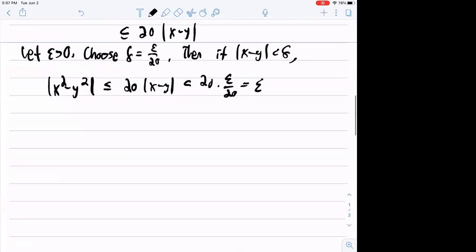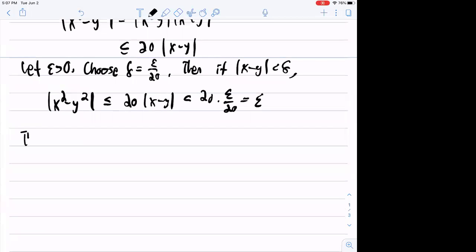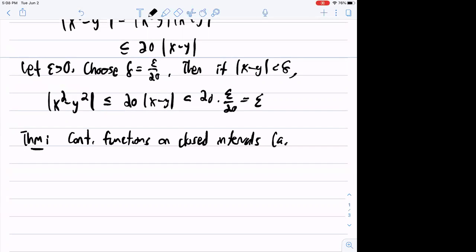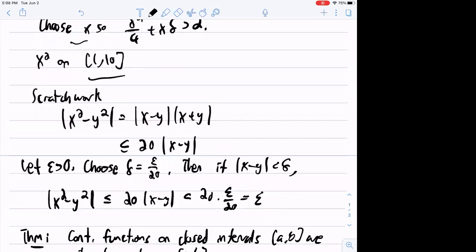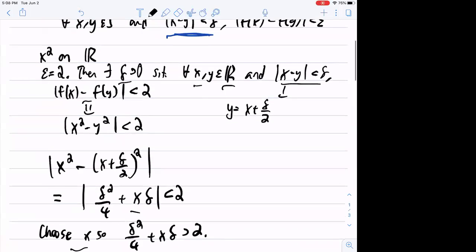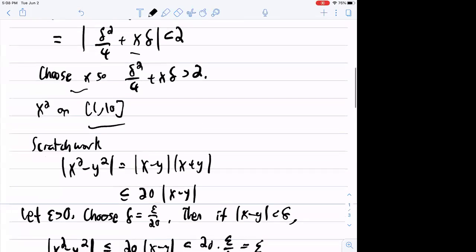So basically it's a generalization of this theorem: continuous functions on closed intervals a to b are uniformly continuous on [a, b]. An example would be x squared. x squared on 1 to 10 was uniformly continuous, but not on R, right?